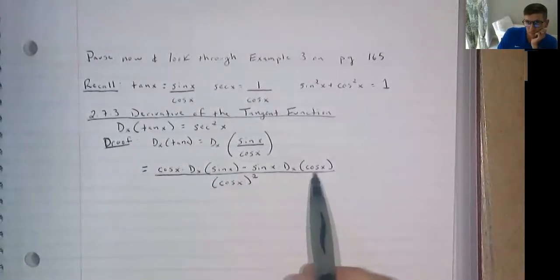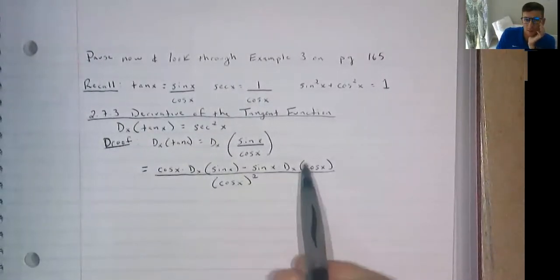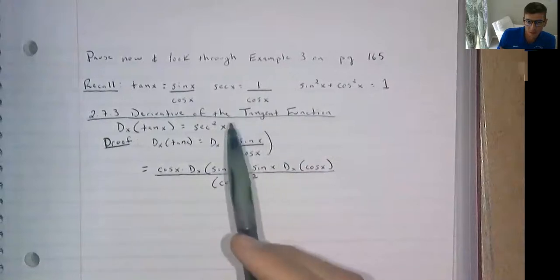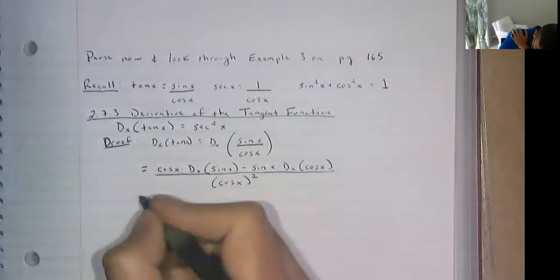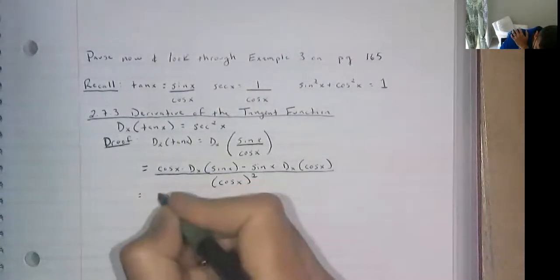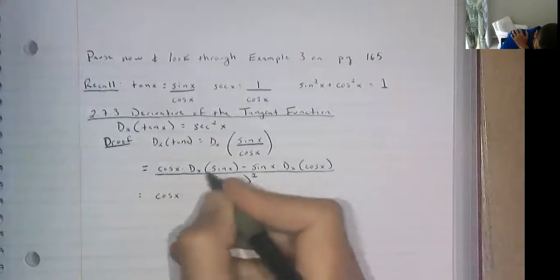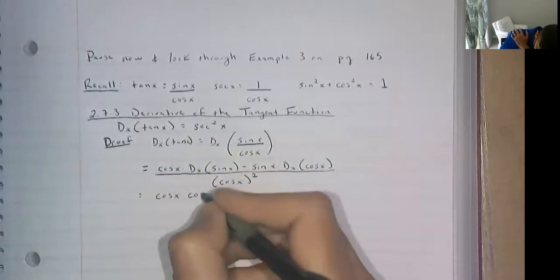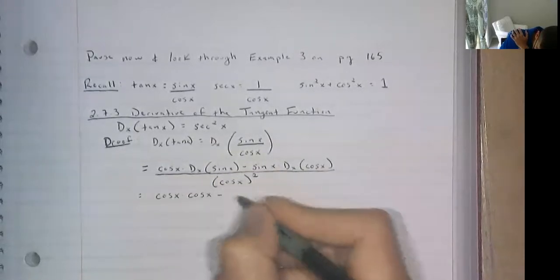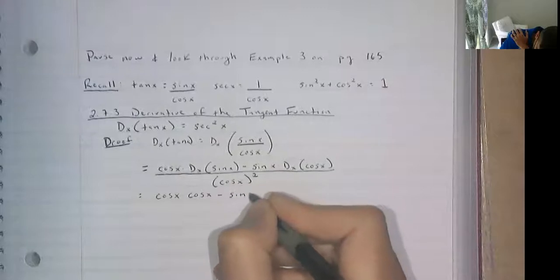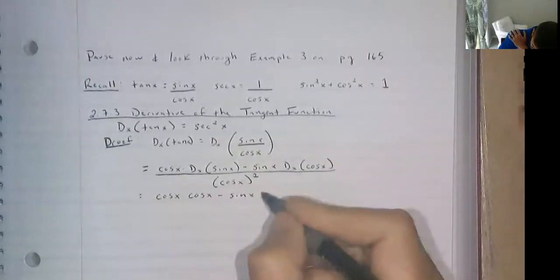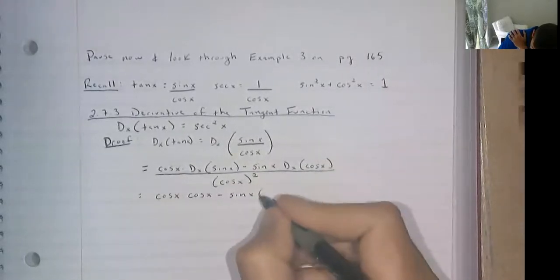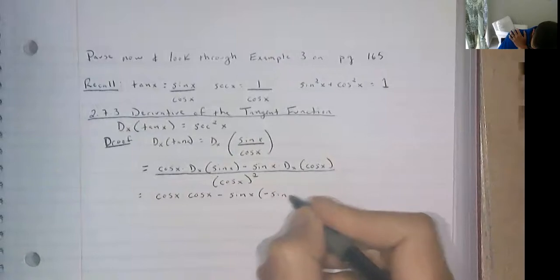Now we can actually do these, and we're just going to do a cleanup job and make sure that we get secant squared x. So this becomes cosine of x, the derivative of sine is cosine of x, minus sine of x, the derivative of cosine of x is the opposite of sine.